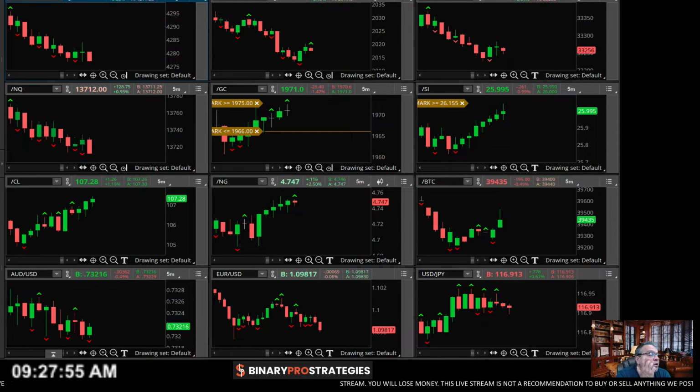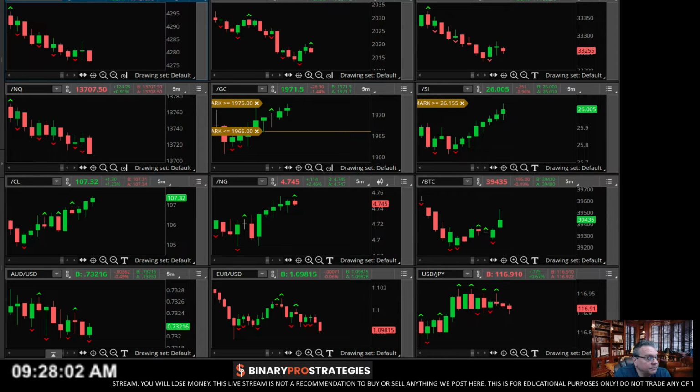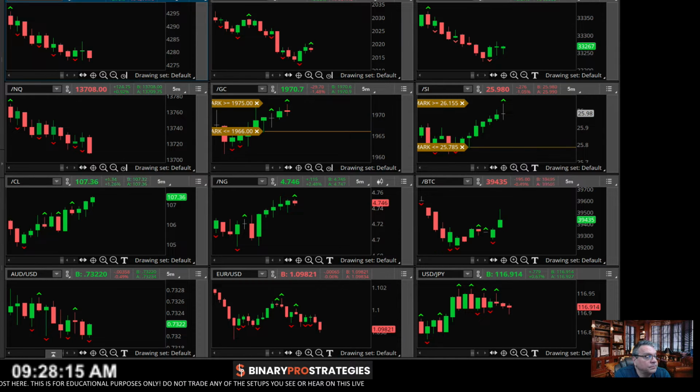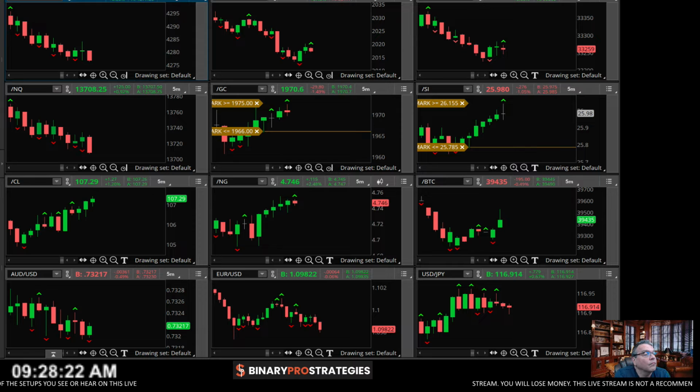Reversal silver, if we don't hit target, it's going to be 25.70 and a half. Long gold now, long silver.